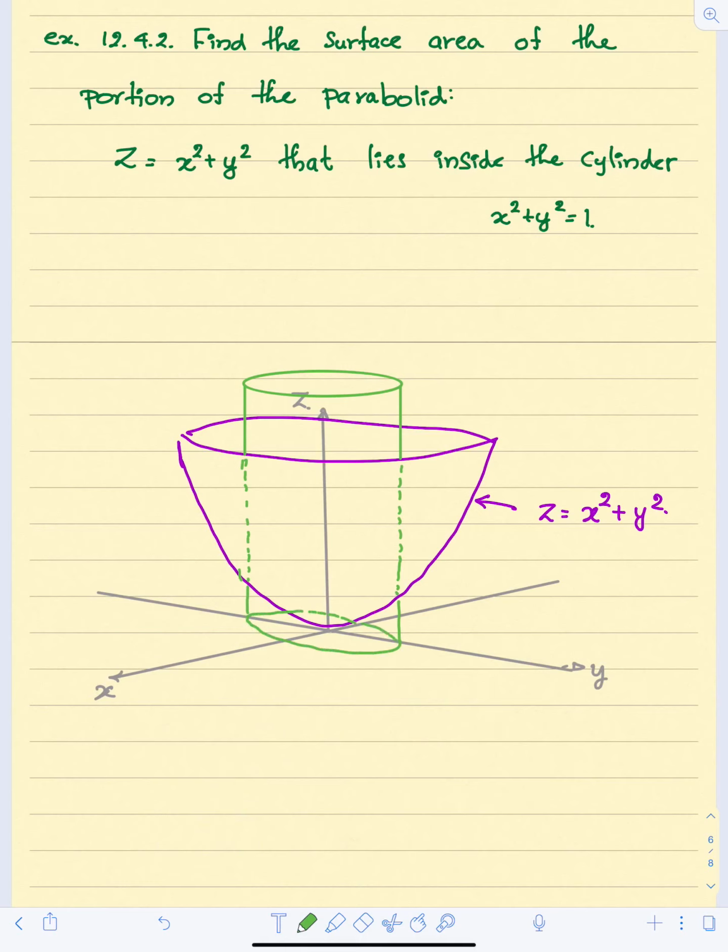It's a cylinder, and the equation of this cylinder is x squared plus y squared equals 1.